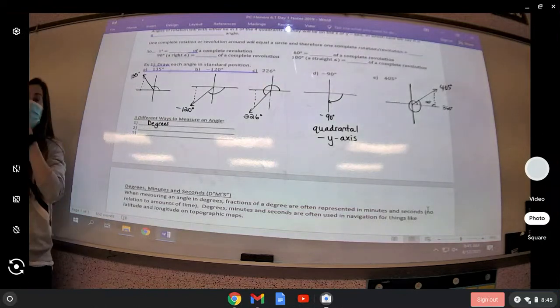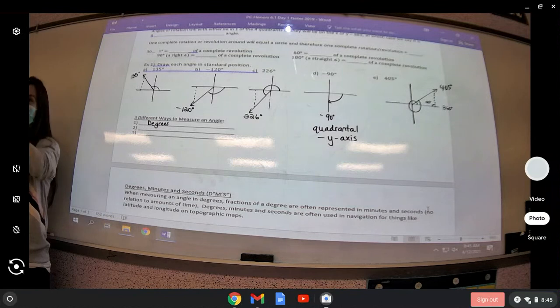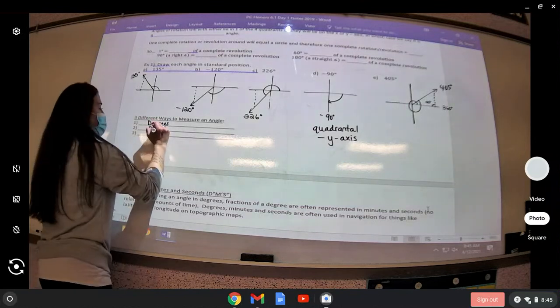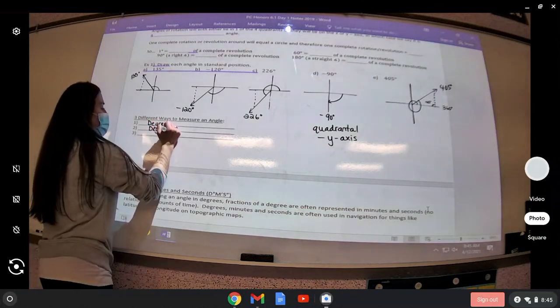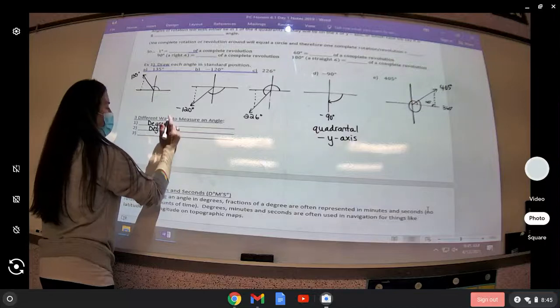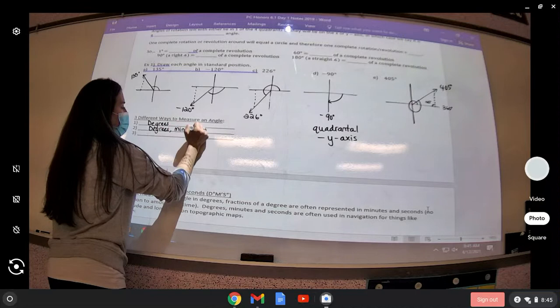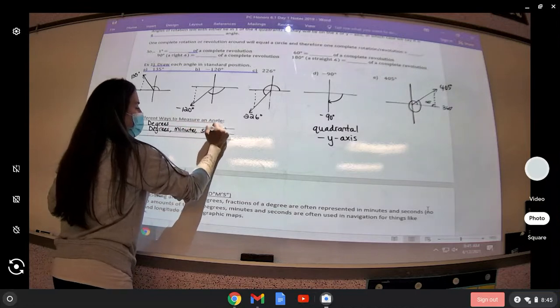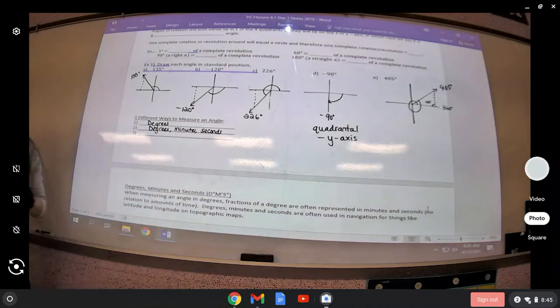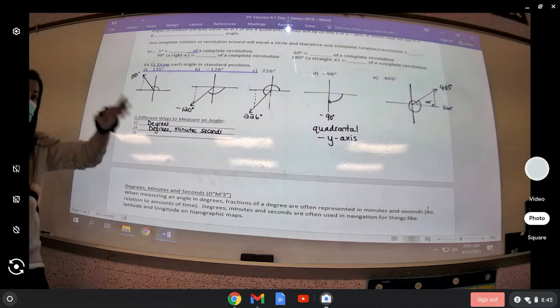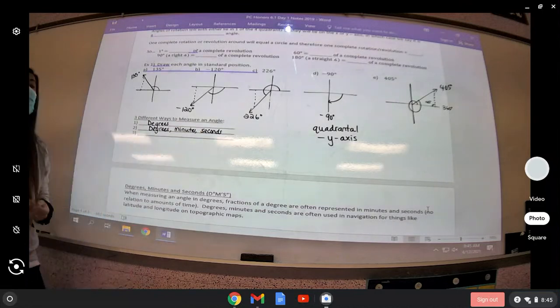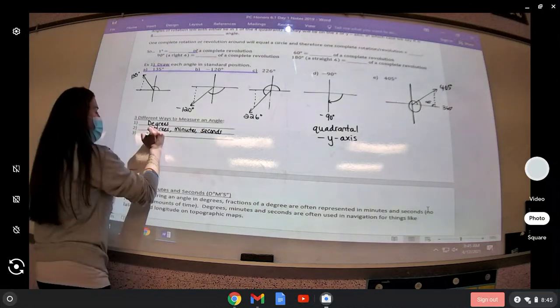But another way to measure it is in degrees, minutes, and seconds. And then the third way, which is going to be our best friend, the way we're going to use for the rest of the year, is in radians.